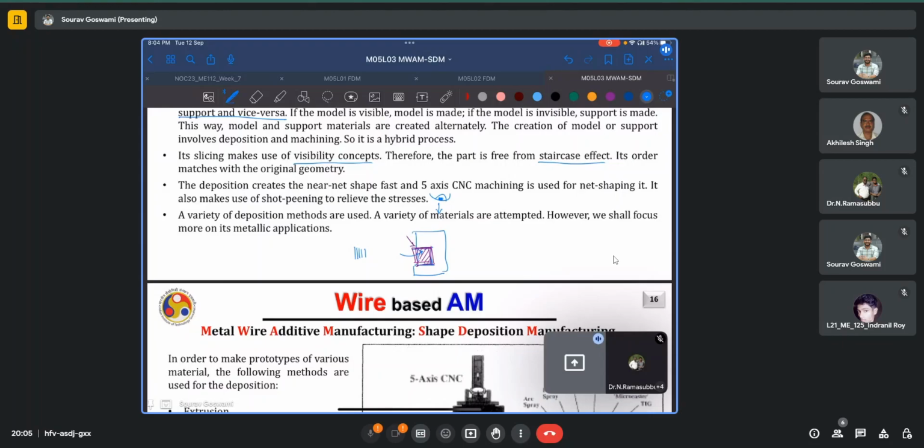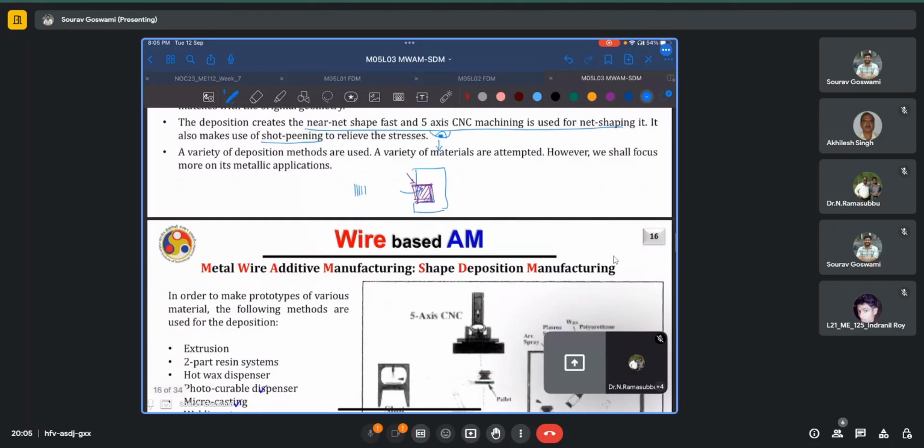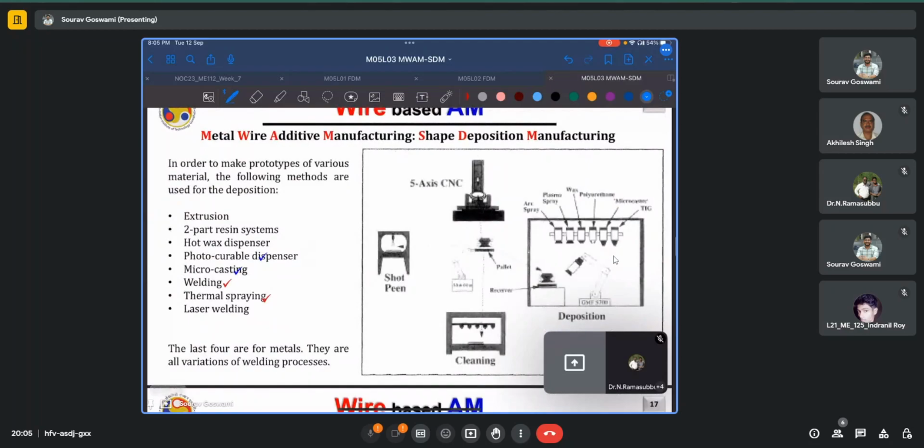This sort of deposition creates a near net shape, and 5-axis CNC machining is used for net shaping it. Also, there's some inherent shot peening or laser shot peening based process to actually relieve the stresses. Many types of materials have been deposited by this shape deposition manufacturing based process.